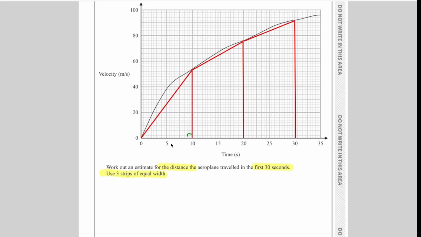is the area under the graph. If we have a velocity time graph, you should know this, the distance is equal to the area under the graph. Since we need to get the distance traveled in the first 30 seconds, that's why we've been given a specific method, use 3 strips of equal width.